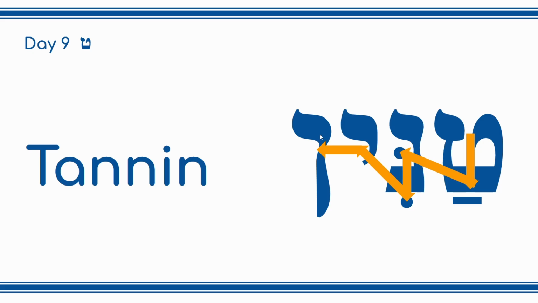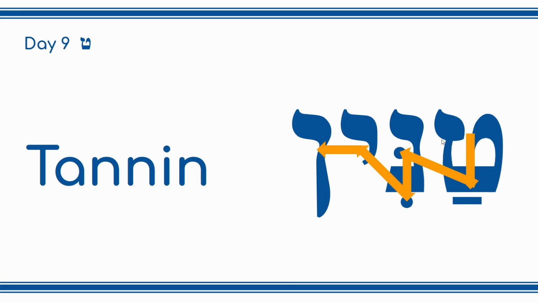You will learn that later, when you get to the letter noon. You don't have to be scared about it. It's actually really simple. But this makes the N sound. So we have ta, ni, n. That's how you pronounce this word.